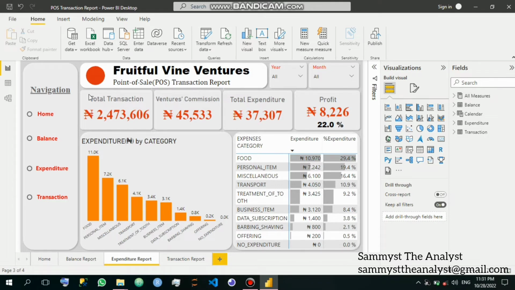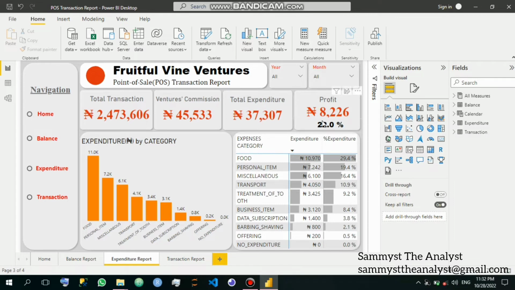Now I created a card visual here which shows the total transaction amount, the total commission gotten from these transactions, the commission gotten by the venture, and the total expenses that were incurred. And then on this visual here, you can see this is the profit.